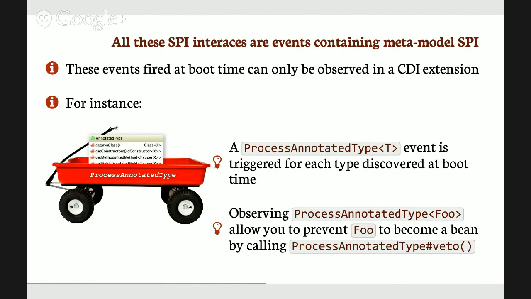For instance, you can use the veto method to say, okay, you found this annotated type, but I don't want it to become a bean. And each of these events in the extension SPI usually contains a metamodel interface that you can read or use to change its content.